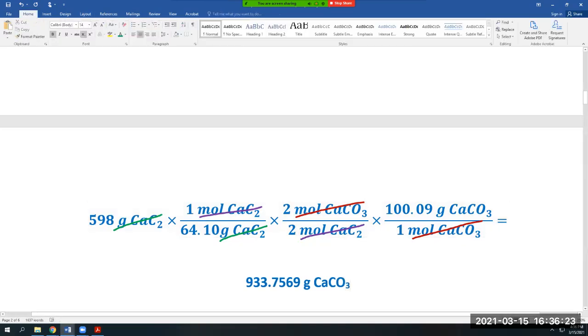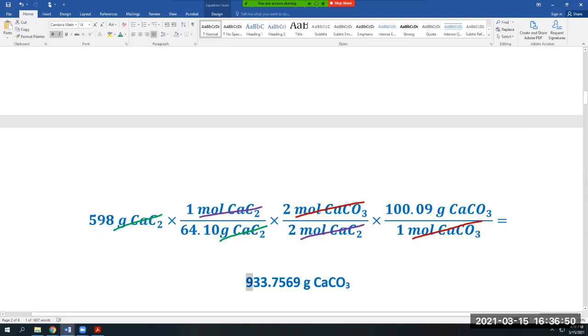Okay, so how do we round this properly? Every mole number there is an exact number, so it's not limiting the number of sig figs. Here we have 5 sig figs in the molar mass of calcium carbonate, 4 sig figs in the calcium carbide, but only 3 sig figs in the given amount. So the given amount is limiting the number of sig figs to 3.